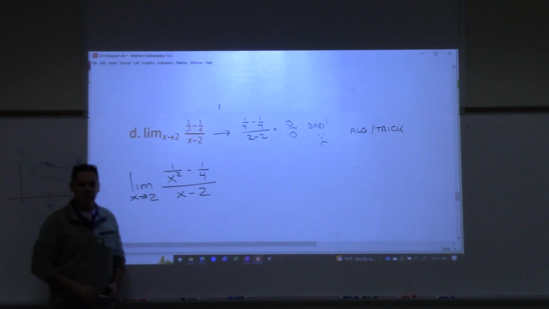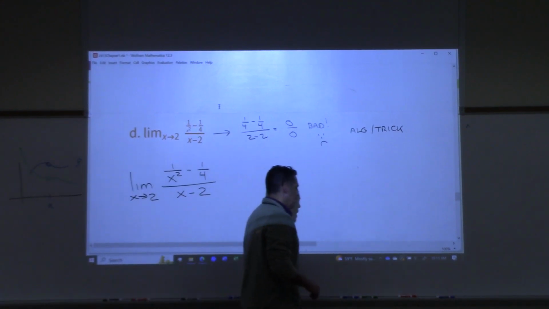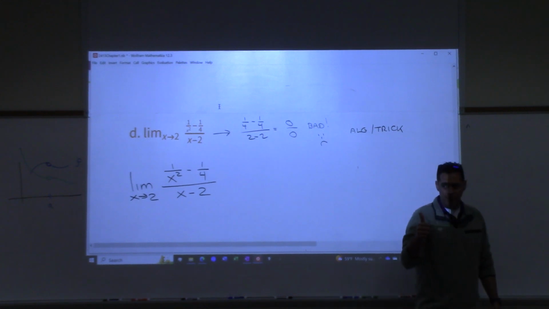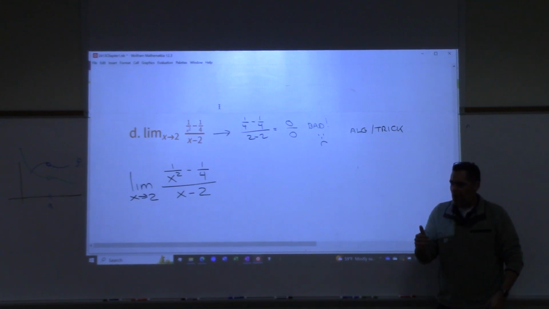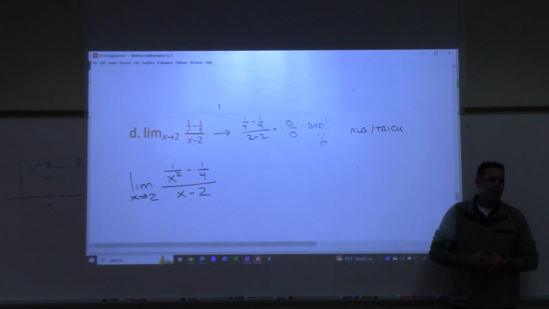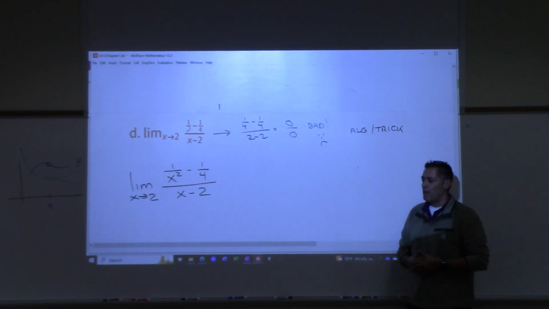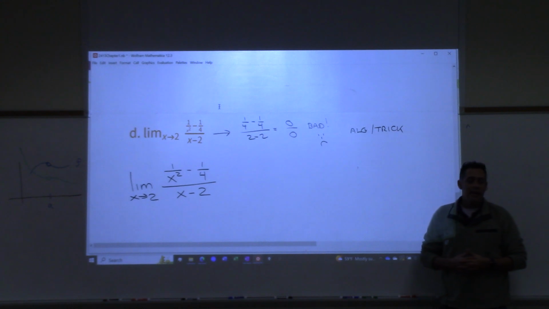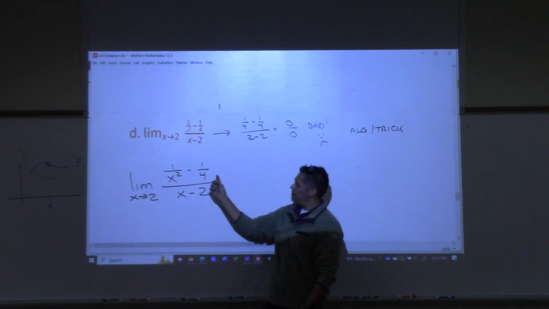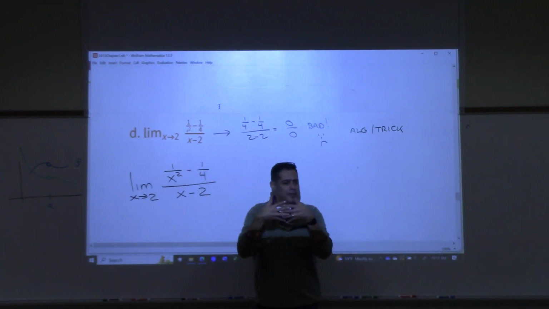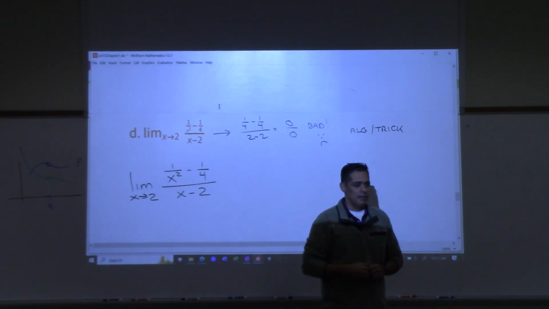All right, the general rule of thumb, and this is not every single time, is that when you have complex fractions, you should start by trying to get a common denominator and combine the two fractions up top together first. So you see these two fractions? Let's see if we can put them together with a common denominator.